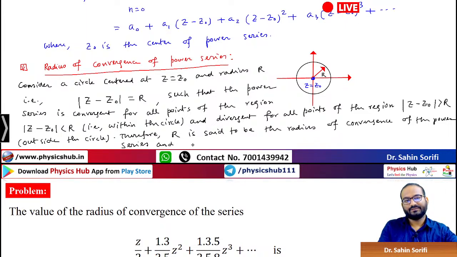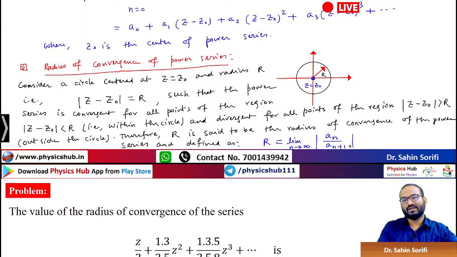And how to define it? You can find it out by simply using this formula: limit n tends to infinity of a_n by a_(n+1).